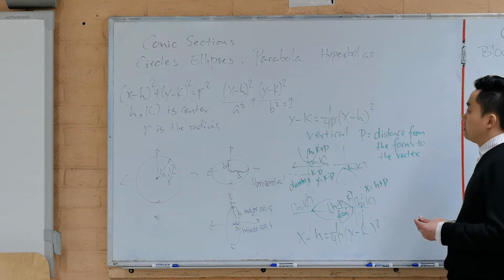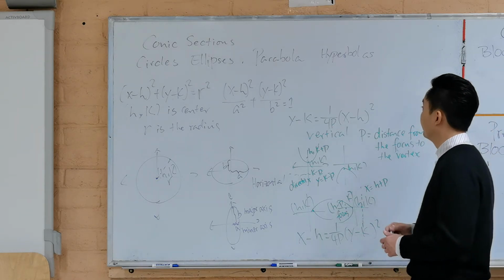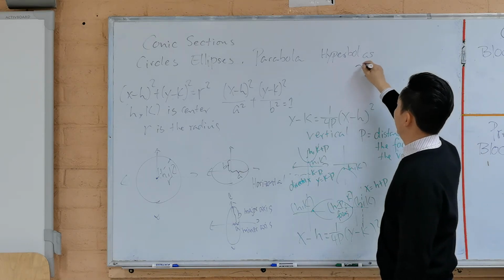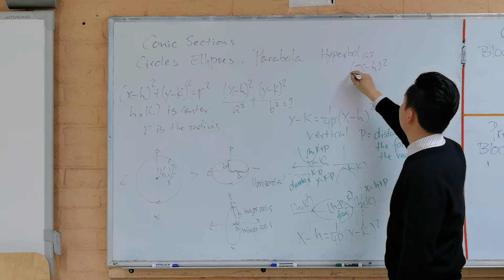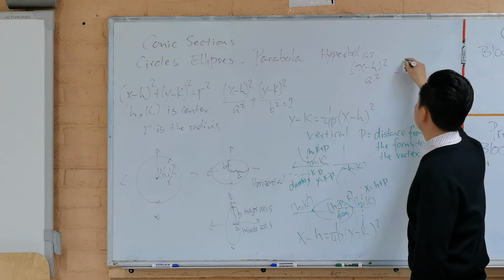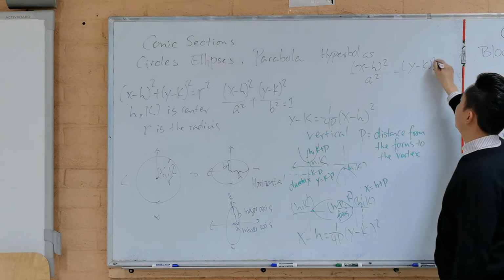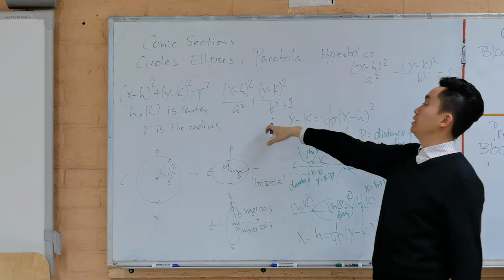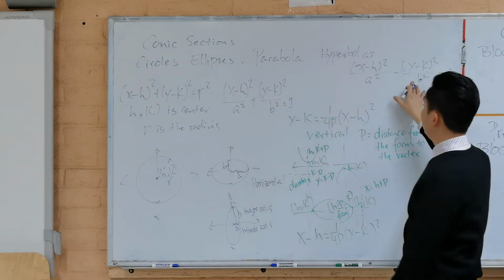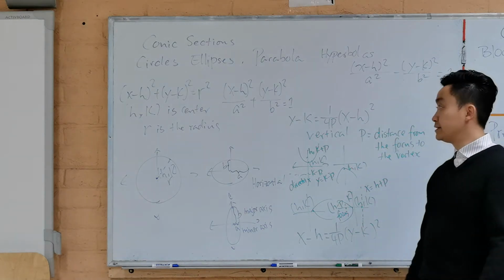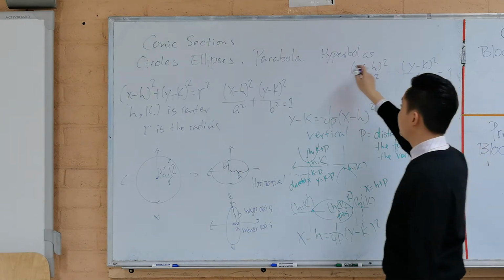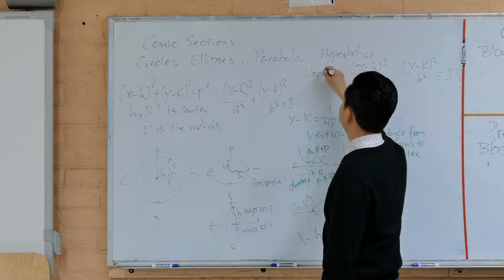And now, what about the hyperbola? For the hyperbola, we do have the structure (x minus h) quantity squared over a squared, minus (y minus k) quantity squared over b squared, so that equals 1. Now compare and contrast: the equations for the ellipse and the hyperbola are pretty similar. The only difference is that one is plus, the other one's a minus. So when you start with x first, this one is considered a horizontal hyperbola.